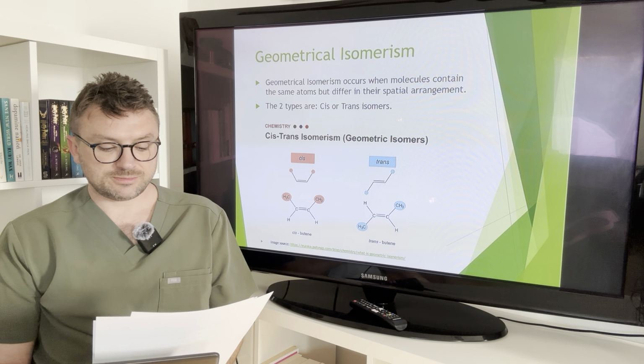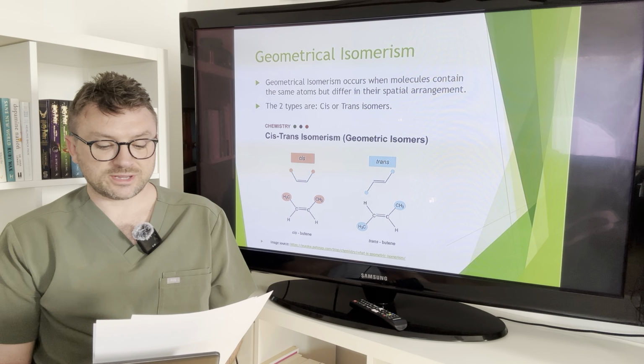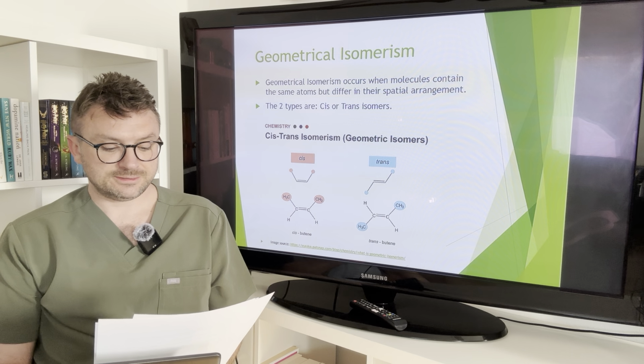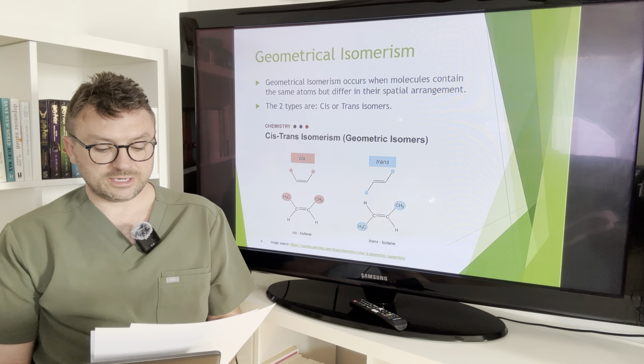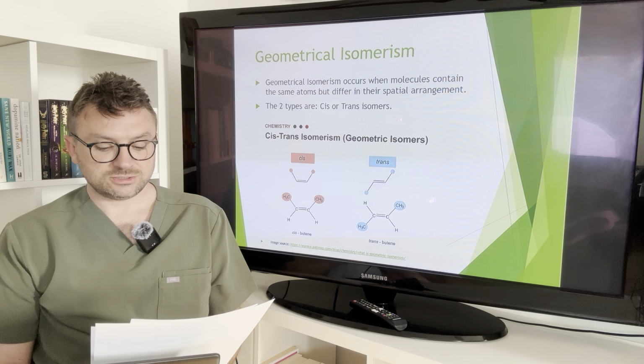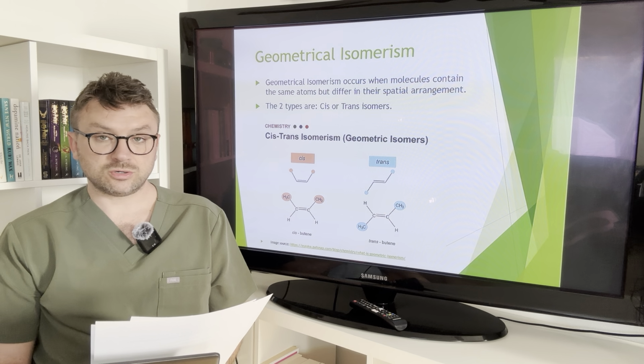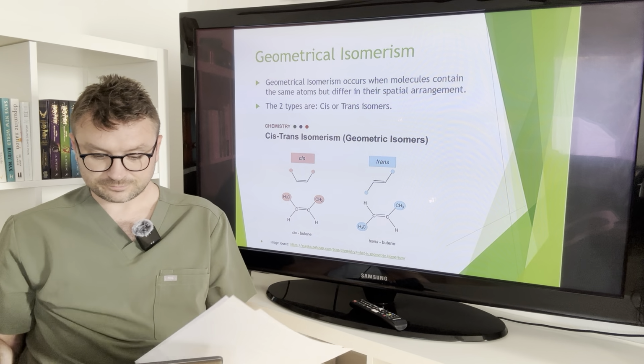In trans isomers, similar groups are located on opposite sides. Although these compounds possess the same molecular formula, their three-dimensional shapes differ significantly. Because biological receptors are highly shape-specific, geometrical isomerism can have important pharmacological consequences.